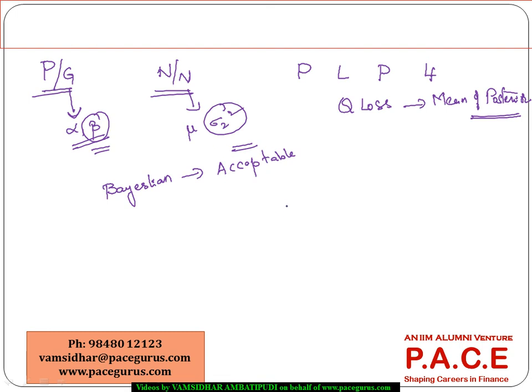And in some cases this kind of posterior distribution may not work out: only for some combinations can we directly rearrange the Bayesian estimate from the posterior into the form of a credibility estimate, whereas in many cases it may not be possible. So it may not work in all situations like this.